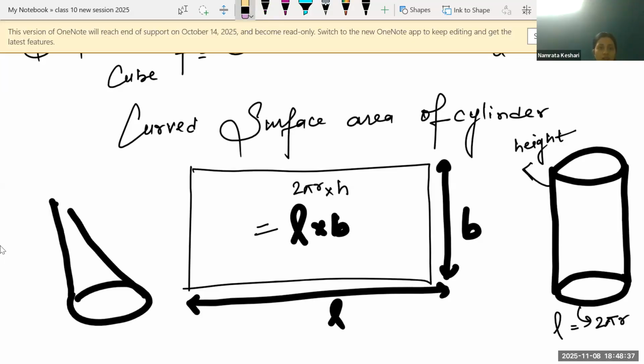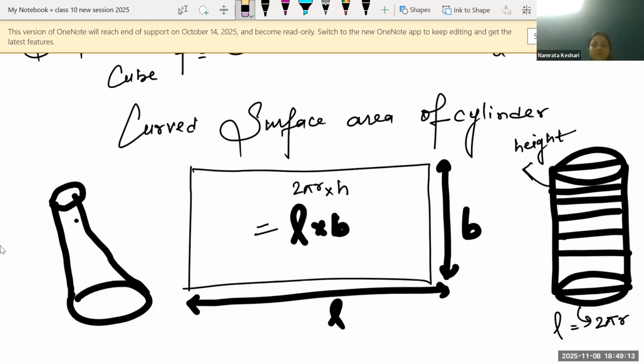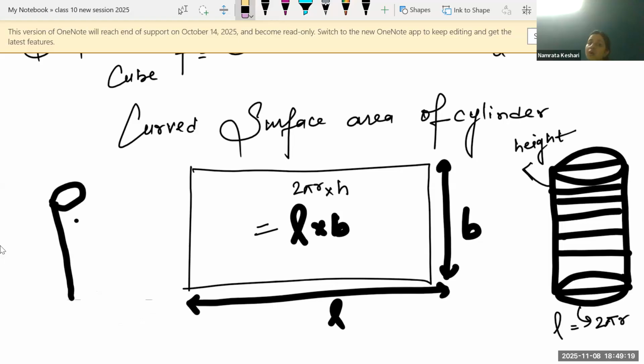This type of shape you will get when you place a bigger bangle, then bigger again, then smaller, then smaller. It's not a right circular cylinder. In a right circular cylinder, the radius or the diameter, anywhere you take, will always be the same. Making sense? Okay, that's called a right circular cylinder.